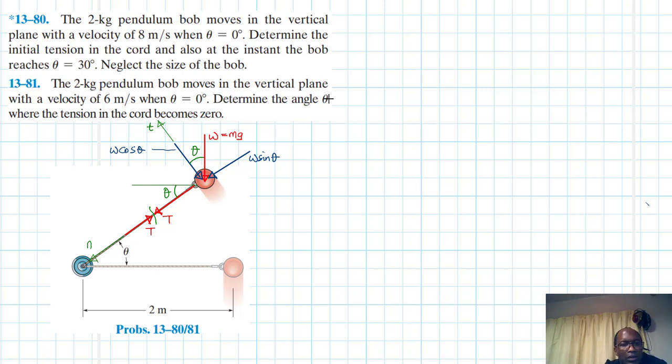So let's write down the equations. So we do have the kinetic diagrams, one in this direction like so, and another one in that direction like so. So this is our ma_t. This is our ma_n. All right.